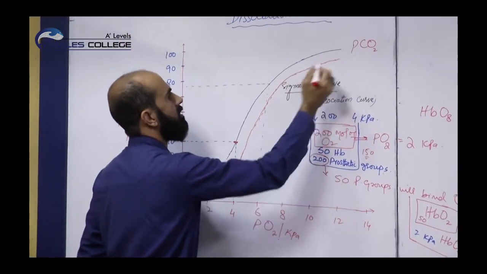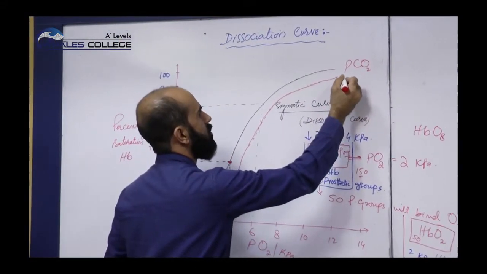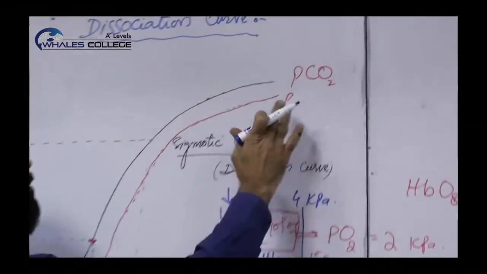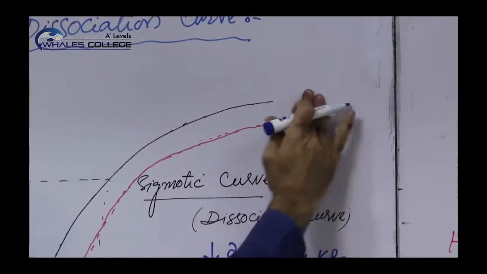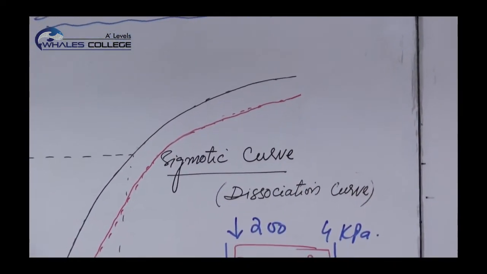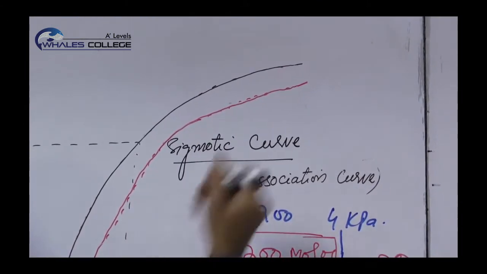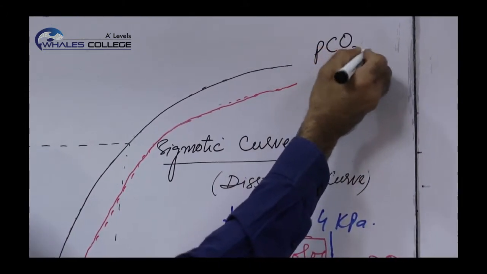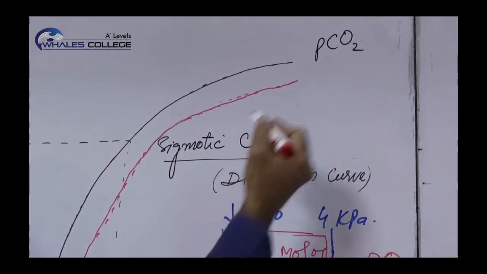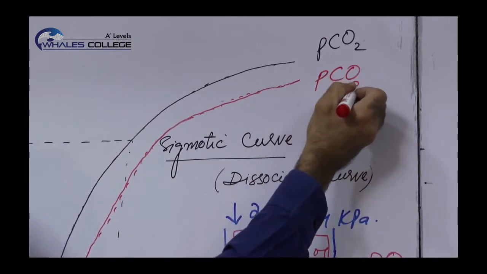So here we can see partial pressure. I'm just going to the blue marker. Here is the partial pressure from black, and here through the red, partial pressure of carbon dioxide.